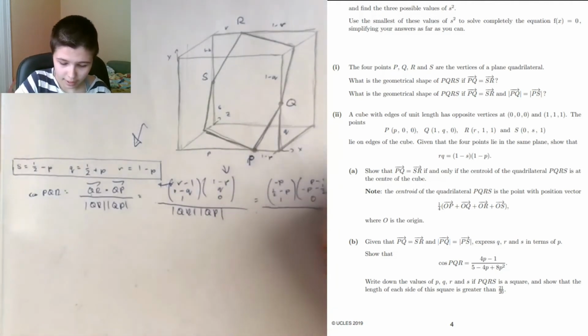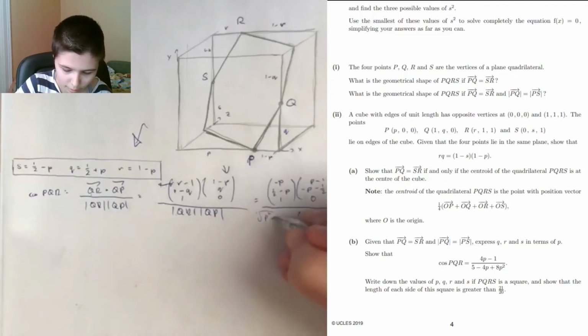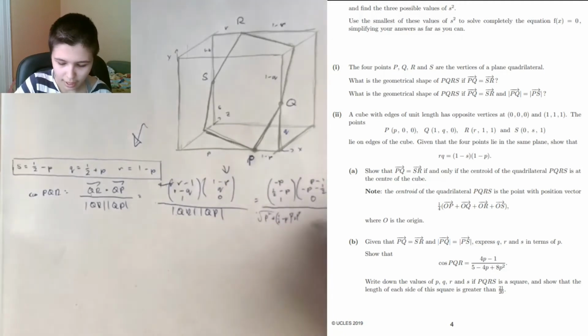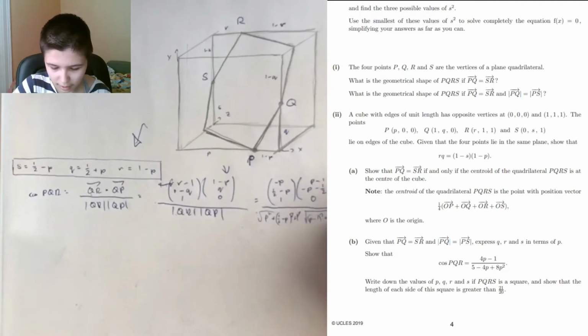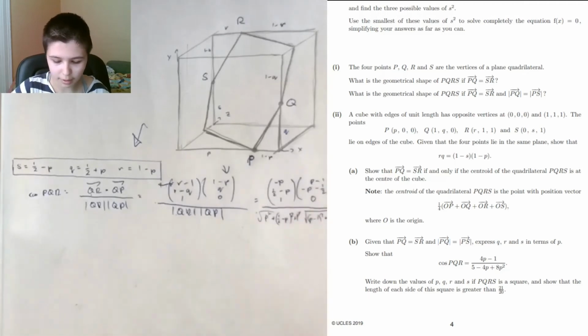And divided then, now I can use the correct values of these. So the absolute value of QR is going to be root P squared plus half minus P all squared plus 1, and the absolute value of QP is going to be root P minus 1 squared plus P plus a half all squared, plus 0 squared, so just that.